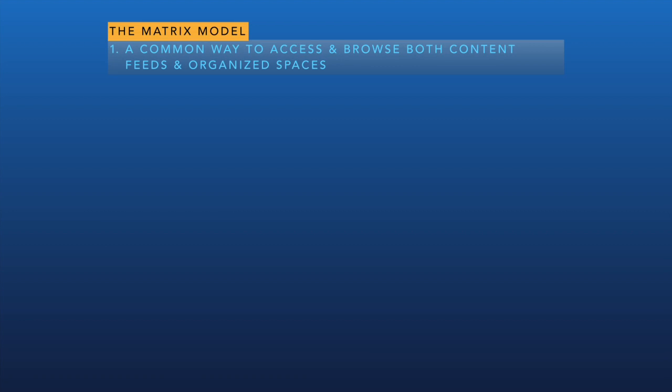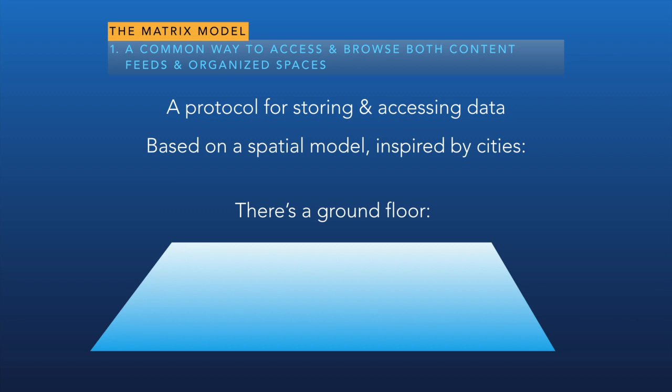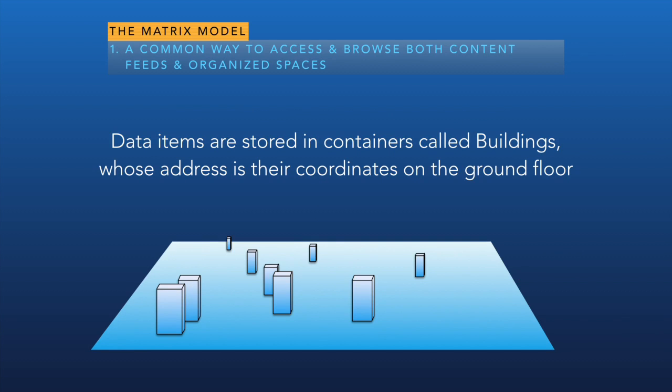So the matrix model is basically a protocol for storing and accessing data, and it's based on a spatial model inspired by cities, kind of a 3D environment metaphor. So there's a ground floor, we call it G. Over the ground floor, we have data containers to store the data items. We call them buildings.